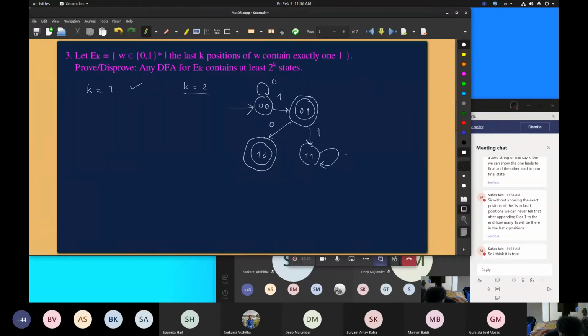If you read 1, you come here. If you read 0, you come here. Here, if you read 0, you come here. If you read 1, you go here. So this is a DFA that I can construct using the strategy of remembering all of these last k steps. So can you collapse this machine?